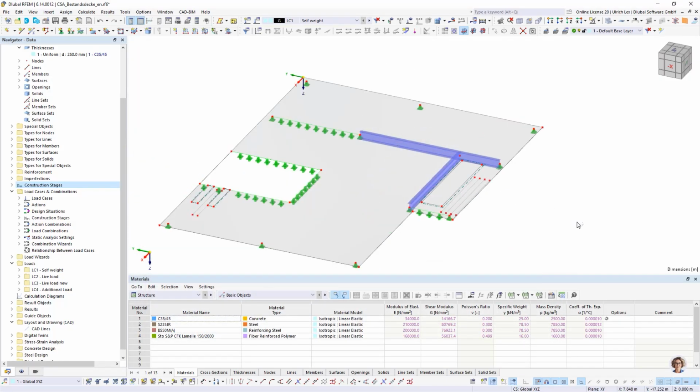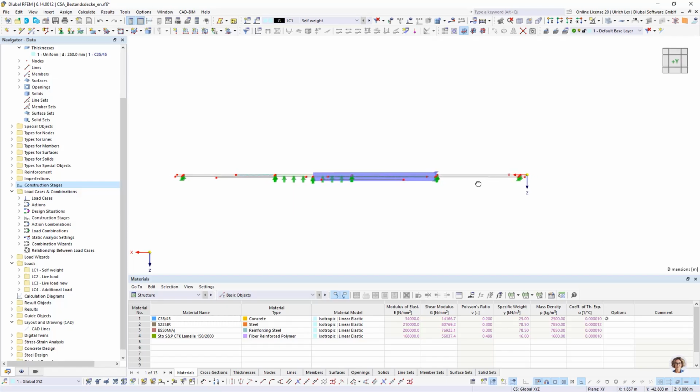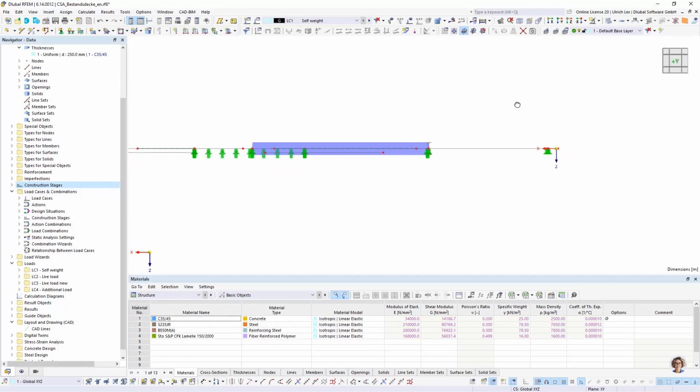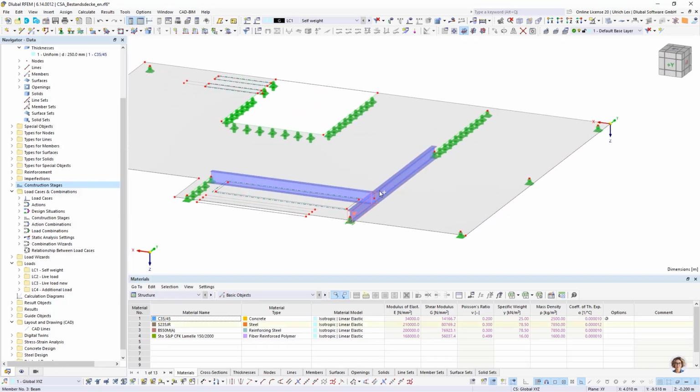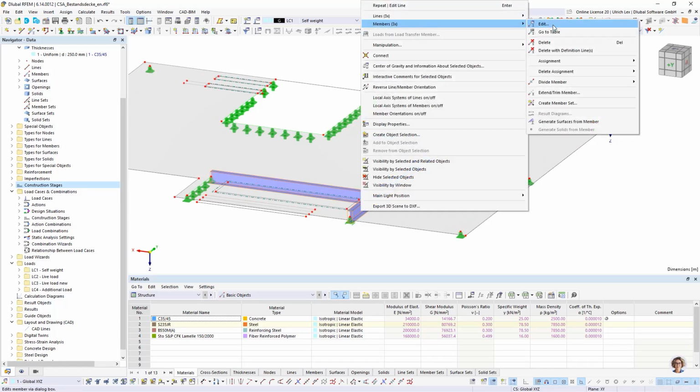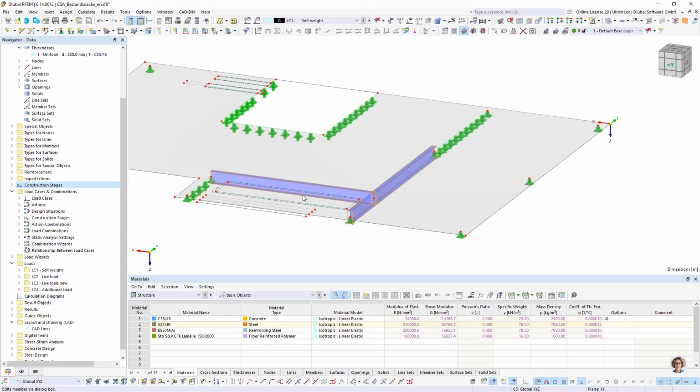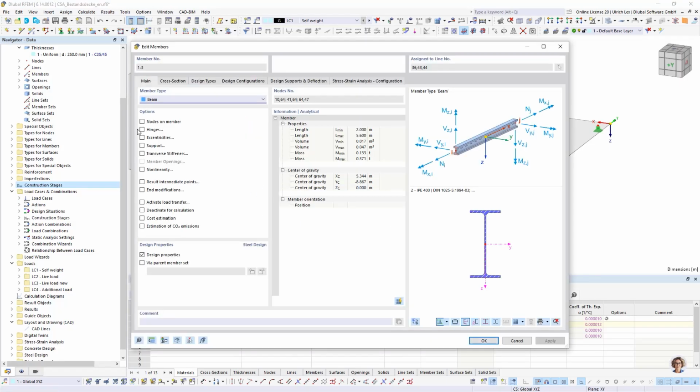Okay. So now it's in the center line. I can change this when I add some eccentricities.